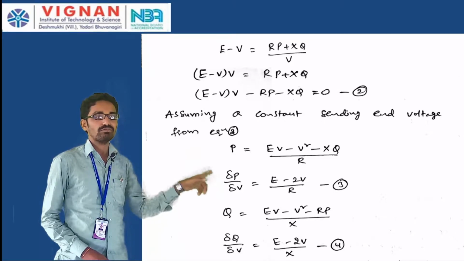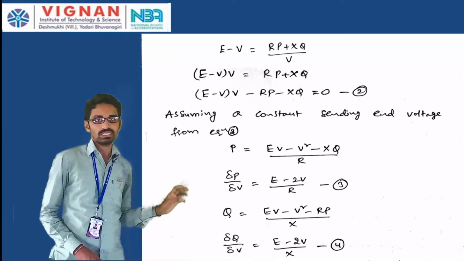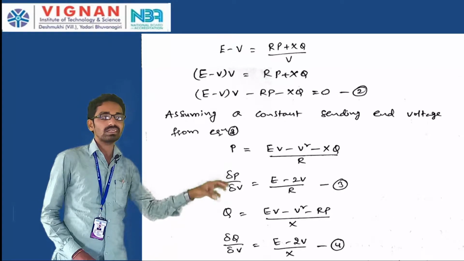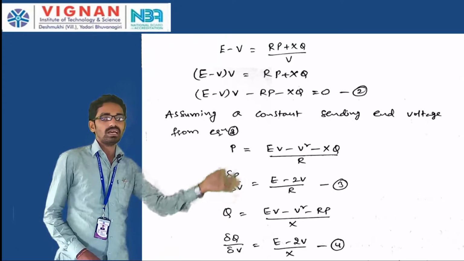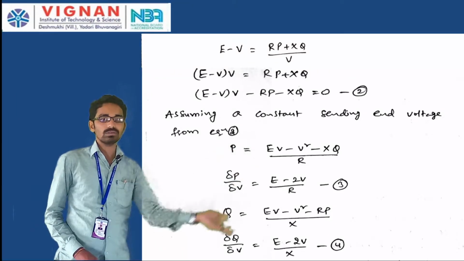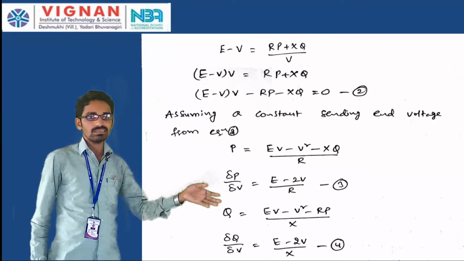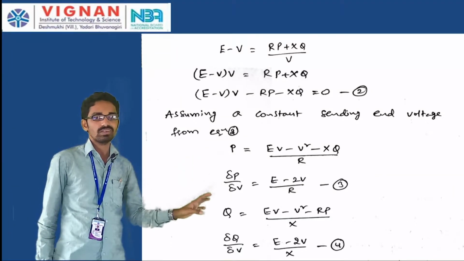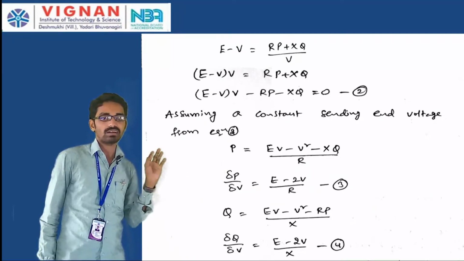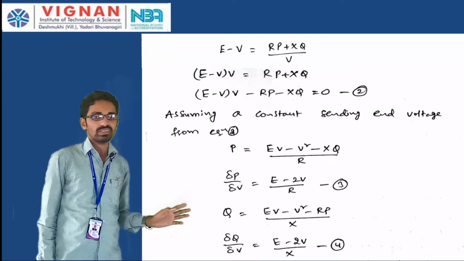The differentiation of V square is 2 into V. Then there is minus X Q, which is a constant with respect to V, and we know that the differentiation of a constant is 0. So only E V minus V square by R is considered, and differentiating it, you get (E minus 2 V) by R, right.